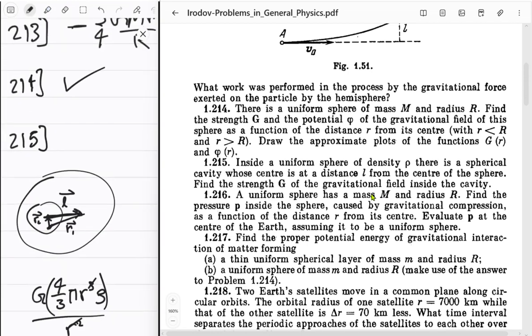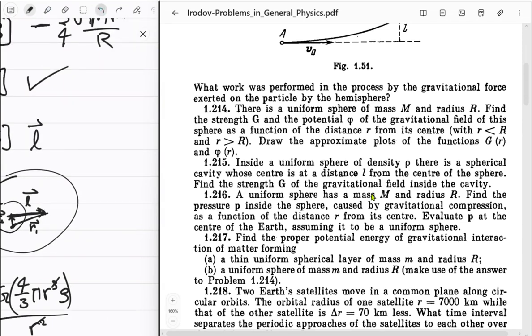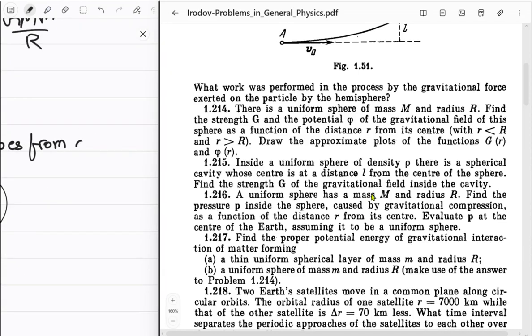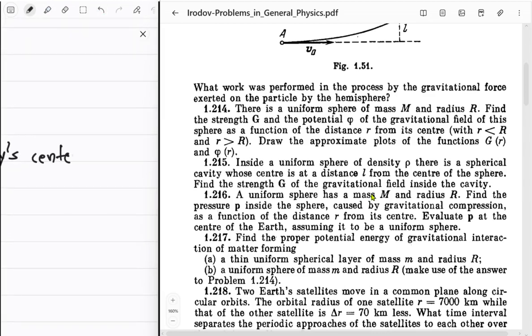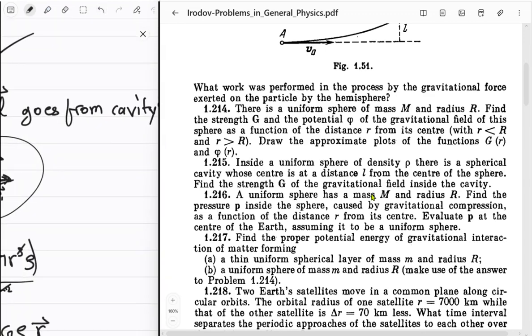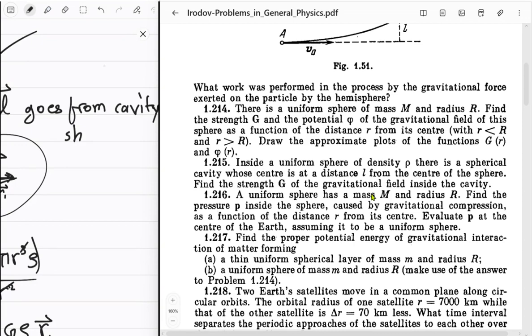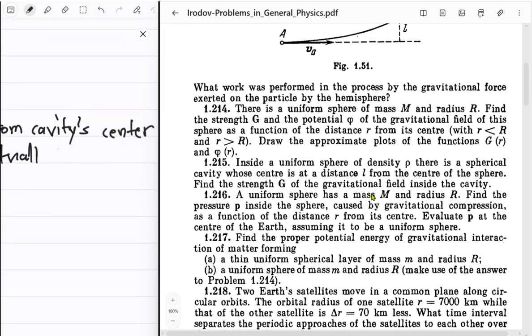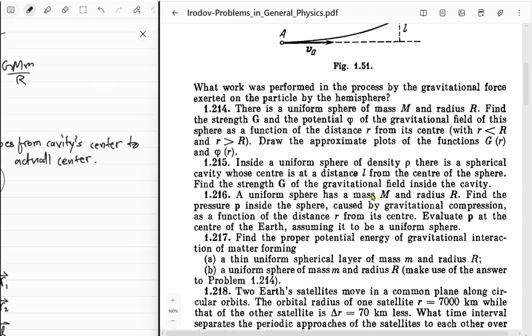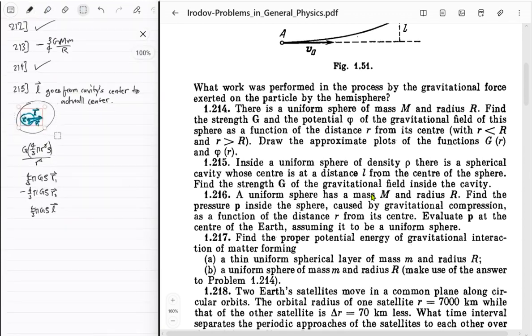Okay, cool. The L vector goes from the cavity's center to the actual center, and then you can just do this thing.